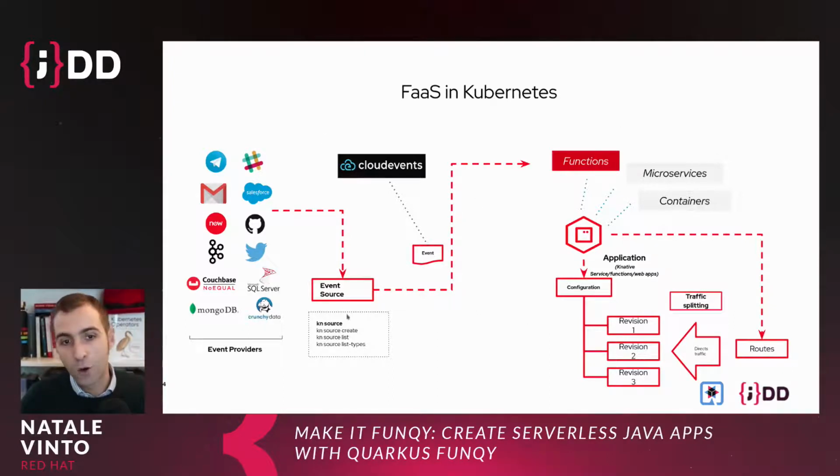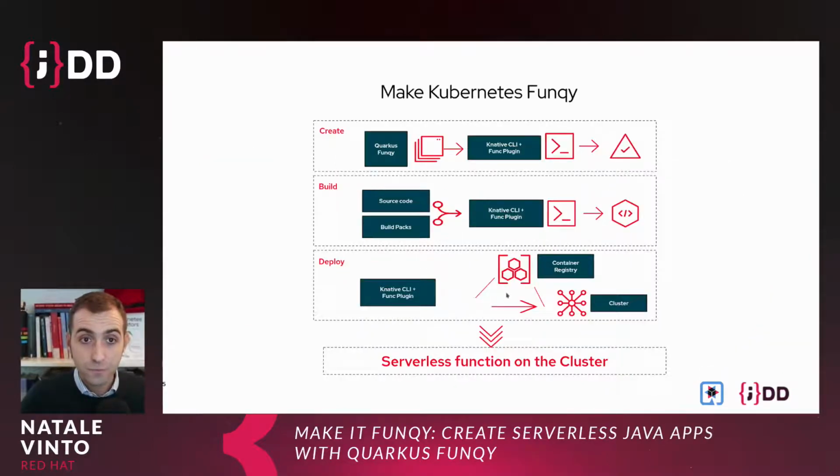So this is the overall flow of a serverless application. We can start from the source code and integrate Quarkus Funqy as an extension, or we can use the kn CLI that helps us bootstrap a Quarkus application.